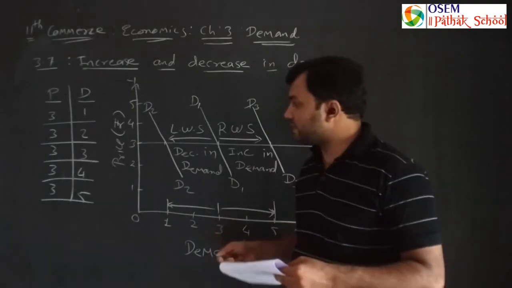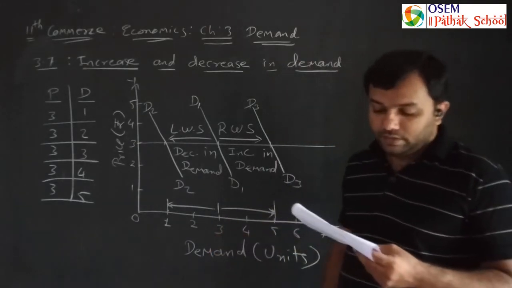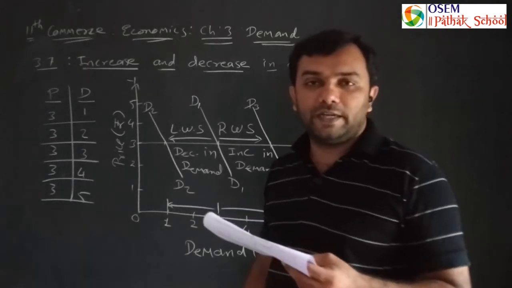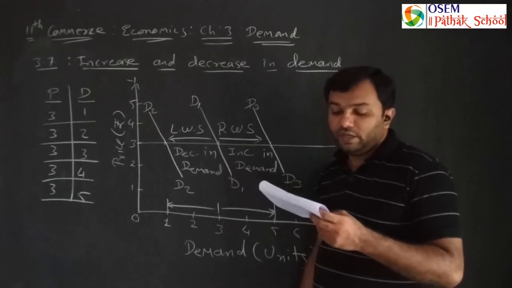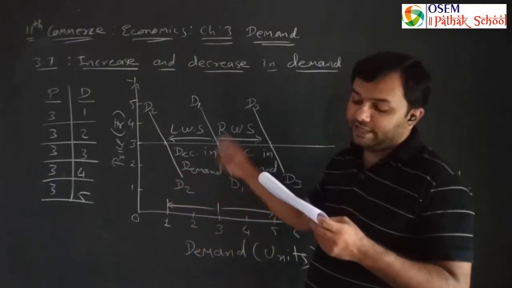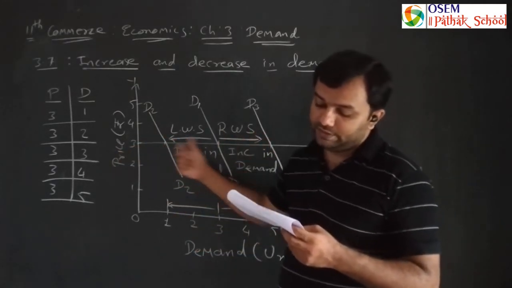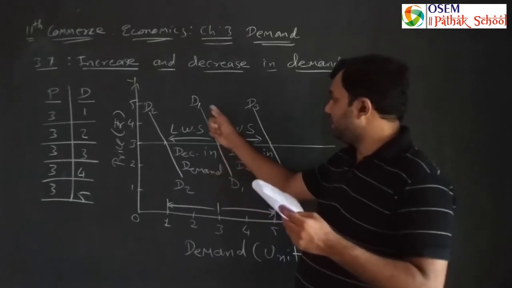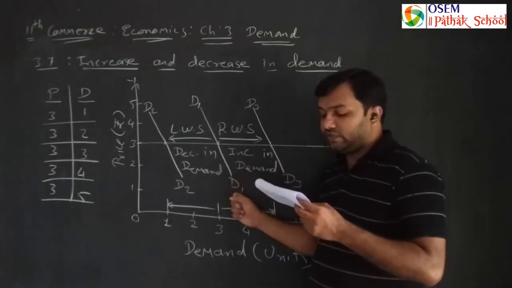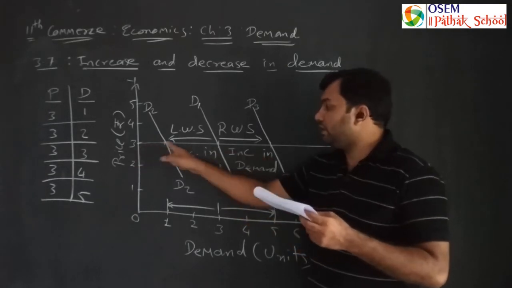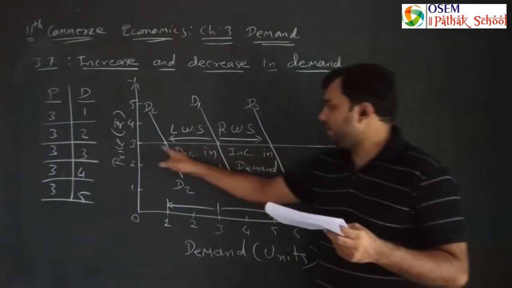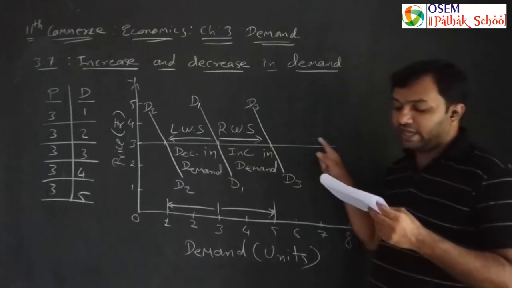Under the graph given on your textbook page number 20, there is a small explanation regarding this graph. In the schedule and diagram, this is the schedule, this is the diagram, the initial demand curve D1, where the price is rupees 3. Price is constant, not changing at all.